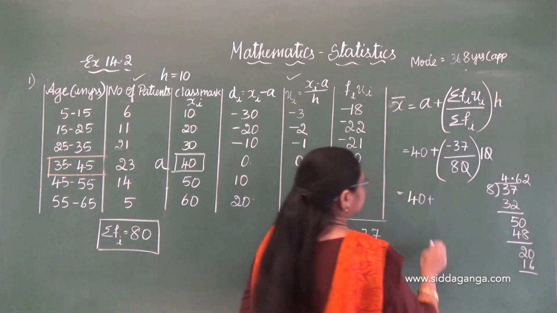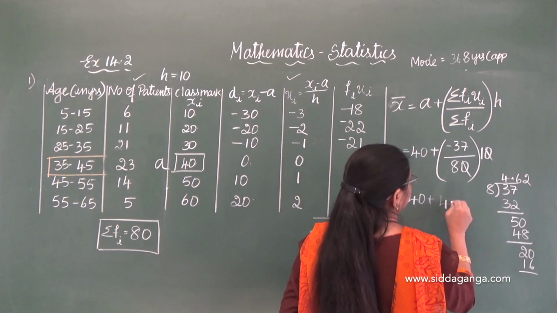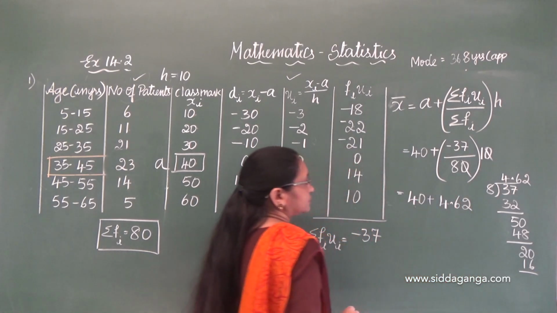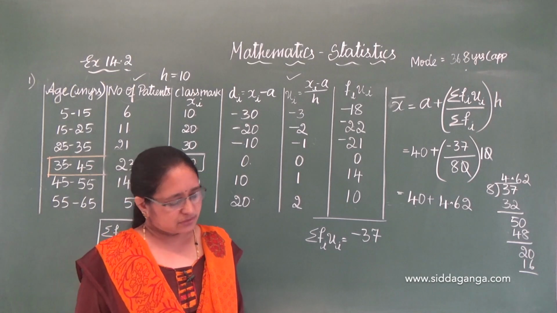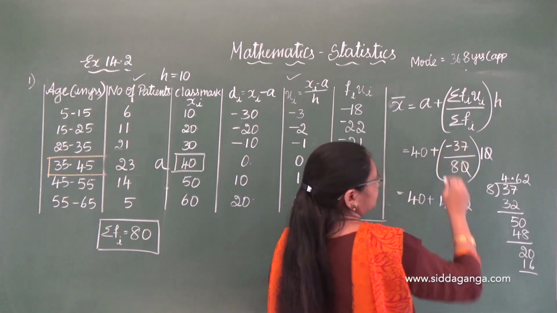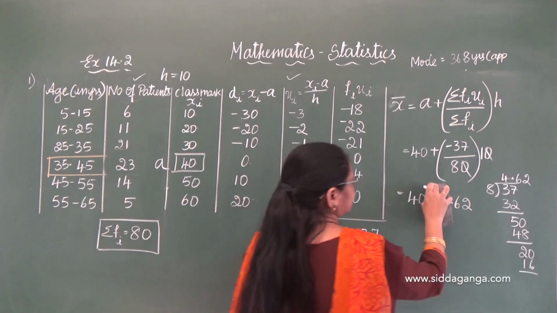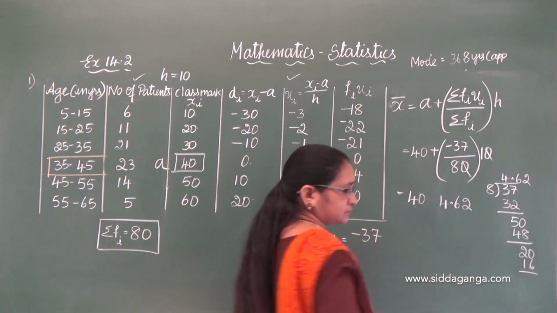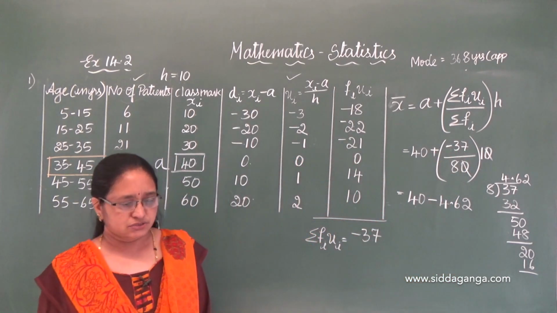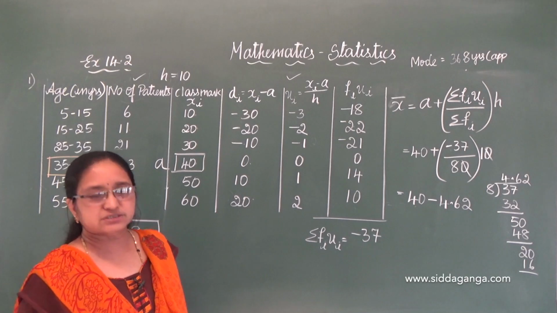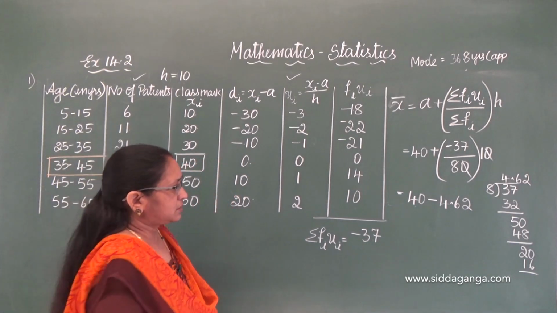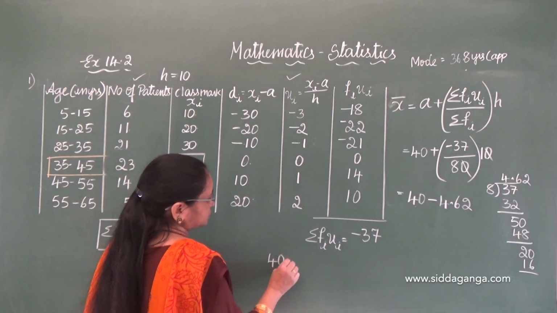So you can stop here: 4.62. But don't forget, here it is minus, because plus into minus is minus. So minus 4.62.